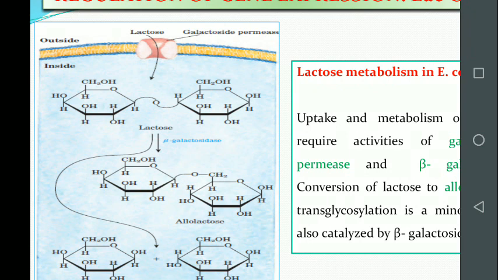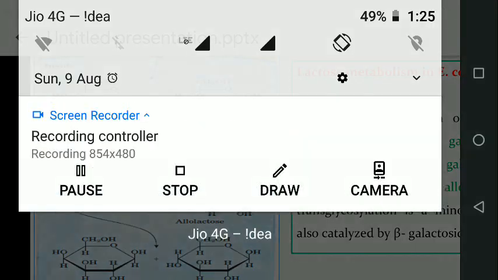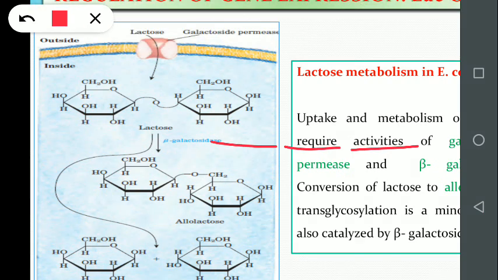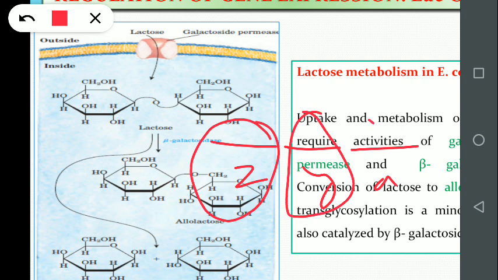The lactose operon contains three genes: Z, Y, A. These three genes produce three proteins, and these proteins are essential for the metabolism of lactose. These three genes are not scattered throughout the genome; they are at one place, like a single set, just adjacent to one another.